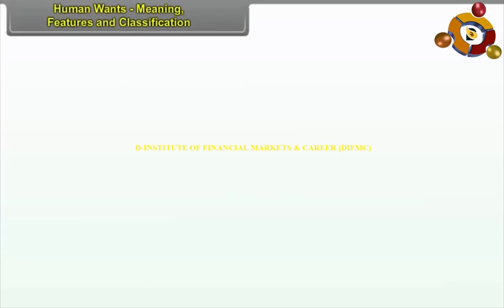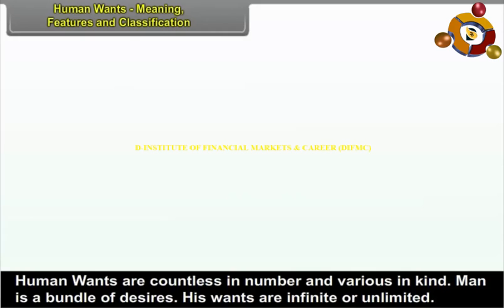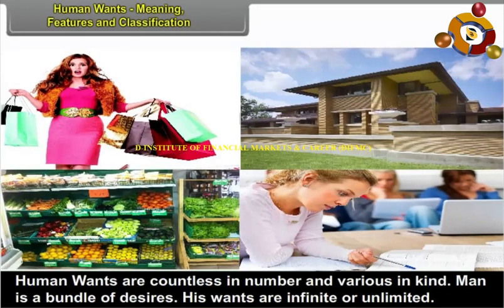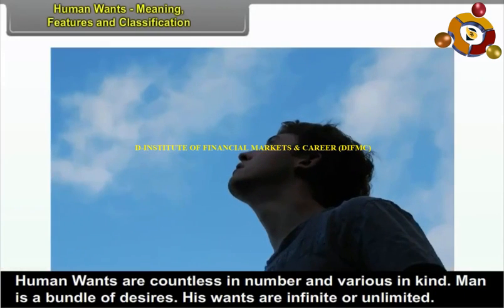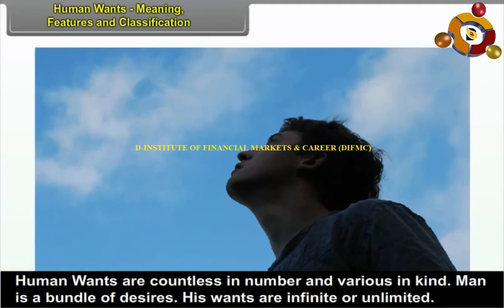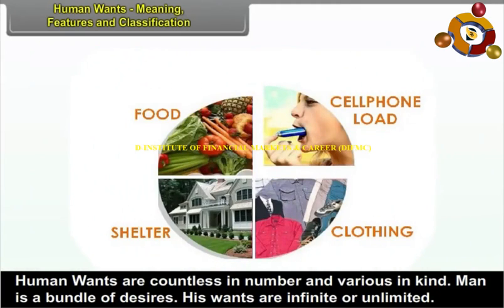2.2 Human Wants, Meaning, Features and Classification. Human wants are countless in number and various in kind. Man is a bundle of desires. His wants are infinite or unlimited.